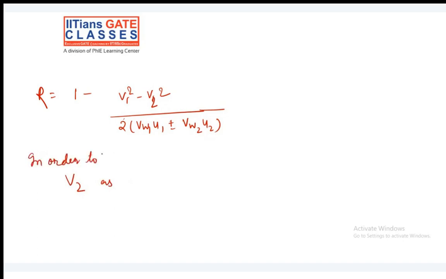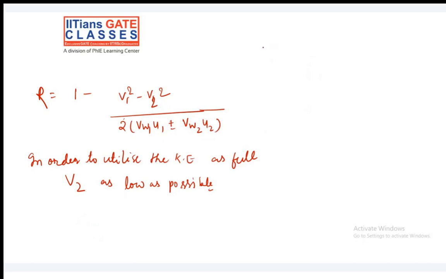This V2 value should be as low as possible. So when is this possible, meaning the V2 value will be low?